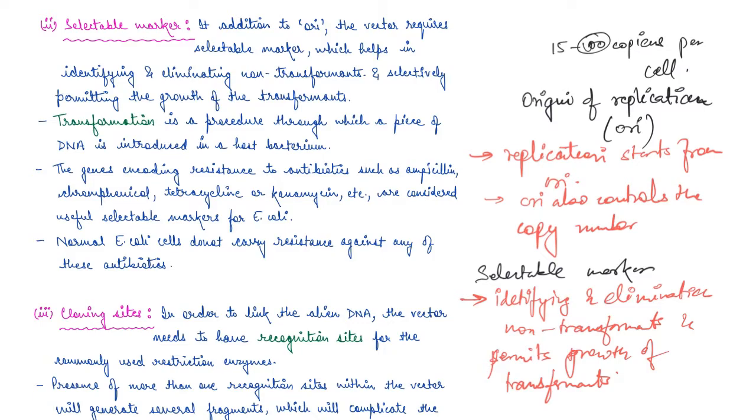So the transformants are the bacteria into which a piece of DNA has been introduced. These markers, which select transformants and non-transformants, are also required.